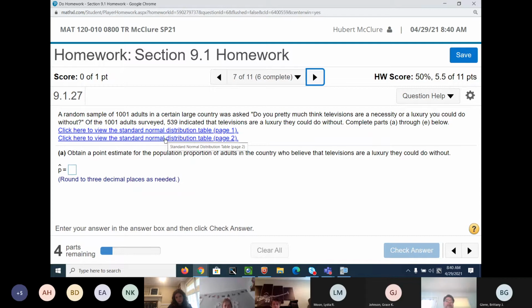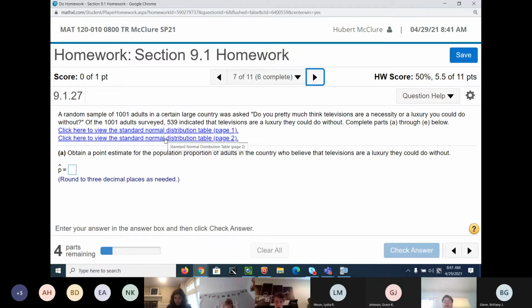A random sample N of 1,001 adults in a certain large country was asked, do you pretty much think televisions are necessary or a luxury you could do without? Of the 1,001 surveyed, 539 indicated that televisions are a luxury they could do without.